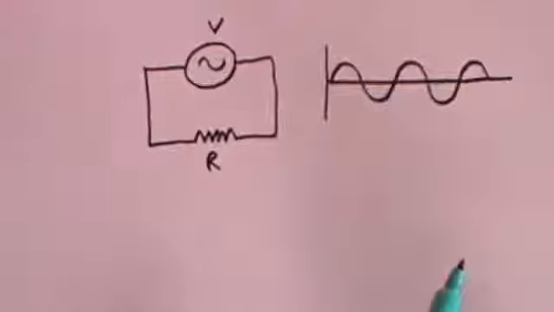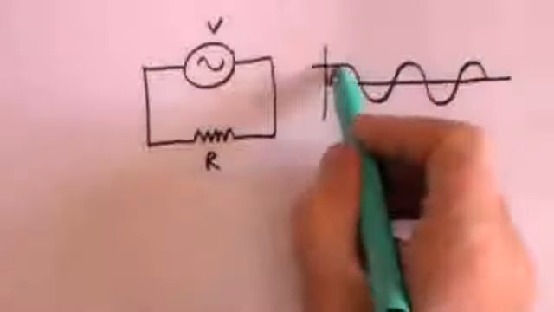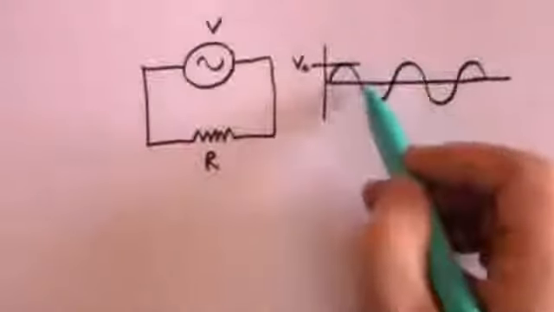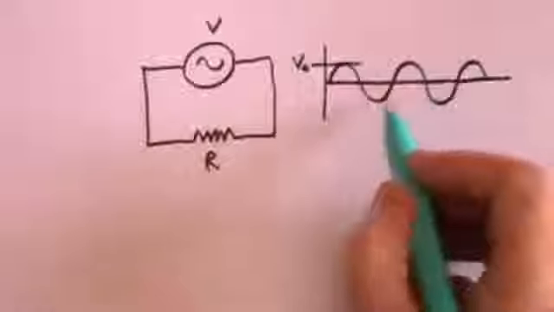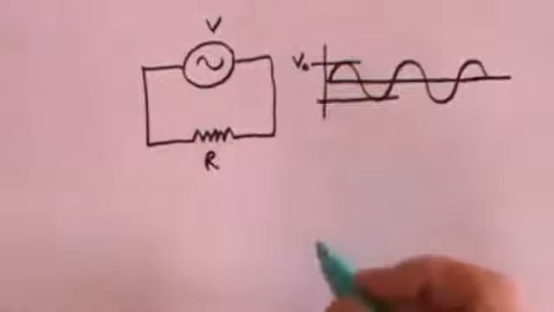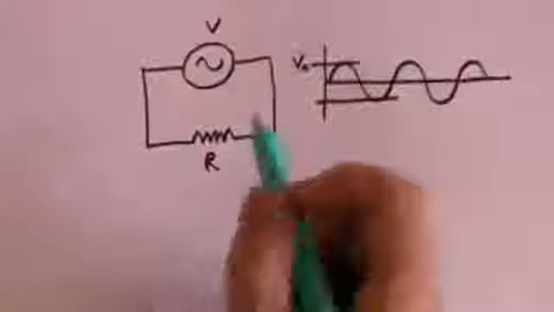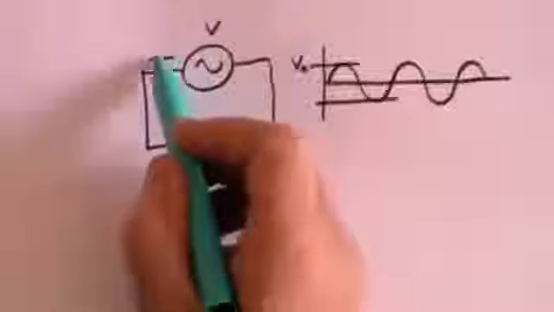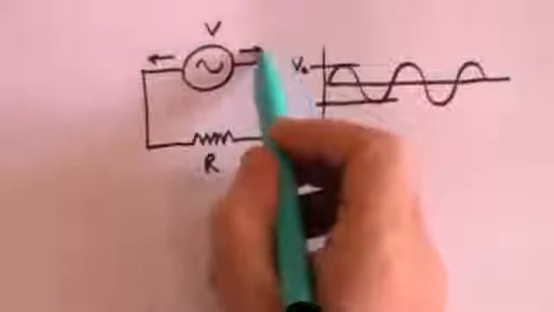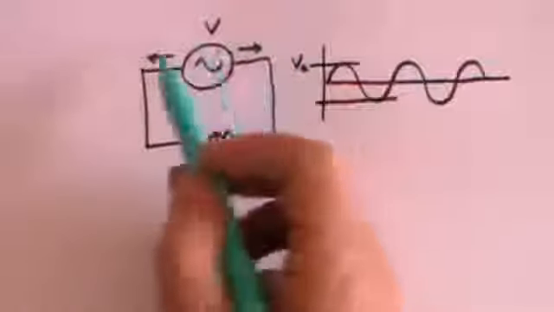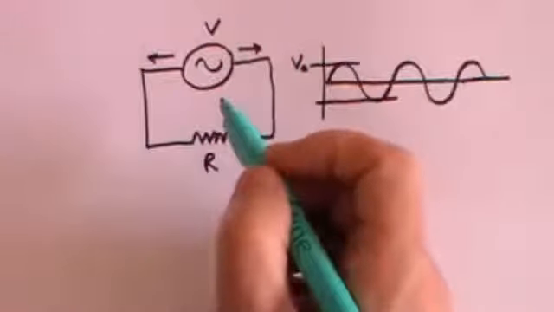As I say, in the UK, 50 times a second. It will reach a peak voltage, which we'll call V0, then it will fall to 0, and then it will go to a negative peak voltage, which will be minus V0. And that means that the current in this circuit is constantly changing direction. It starts off going in that direction, then it goes in that direction, and it changes 50 times a second.